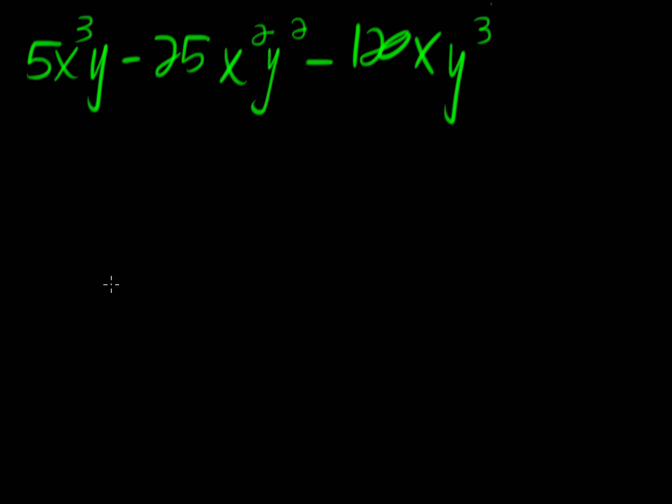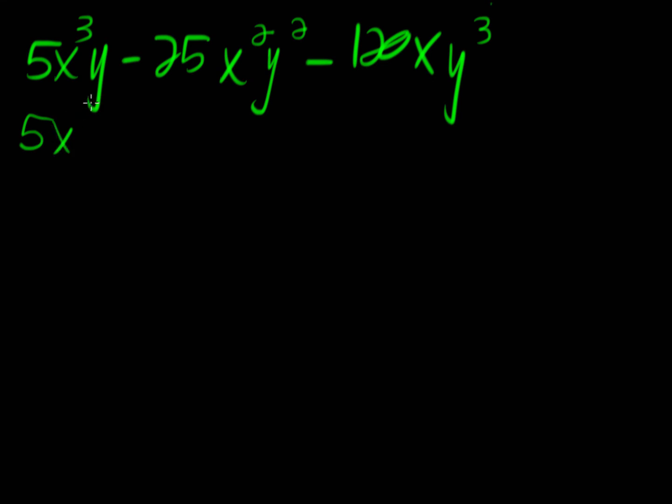And this next trinomial, we want to have that same first step of looking for the greatest common factor. And in this trinomial, it looks like we have a greatest common factor in the numbers of 5, because we have a 5, a 25, and 120. And then our variables are x and y, and that happens in all three parts of this trinomial.